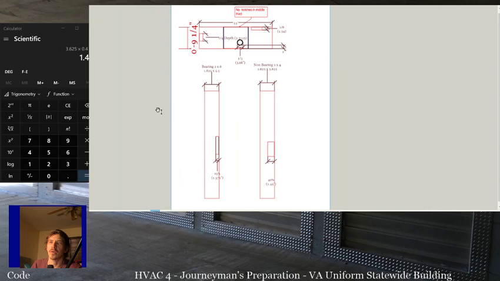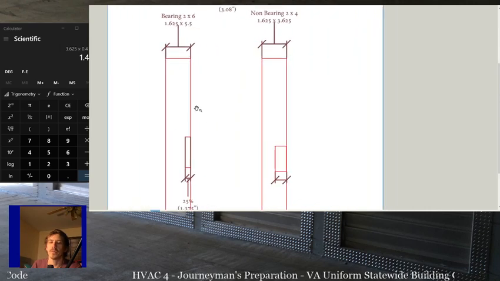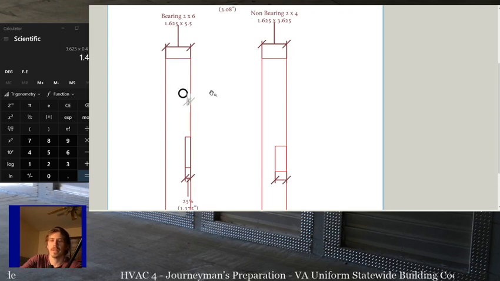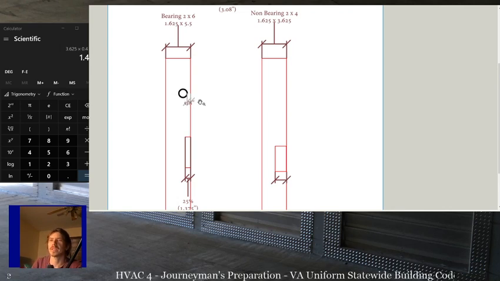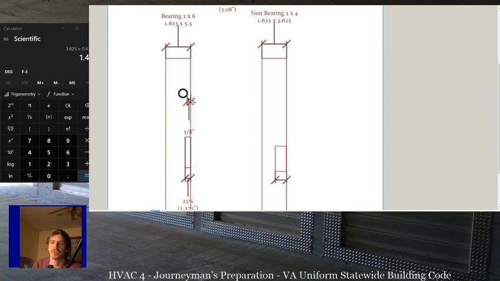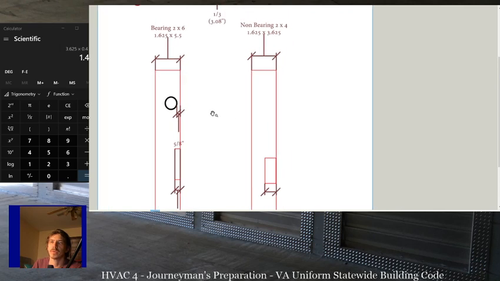So if we want to make a hole, no matter what, we have to be at least 5/8 of an inch away from the edge of the stud. If we're closer than 5/8 of an inch to the edge of the stud, then it will be considered a notch. So bored holes at least have to be 5/8 of an inch over. That's for all studs, so that'll apply to both.